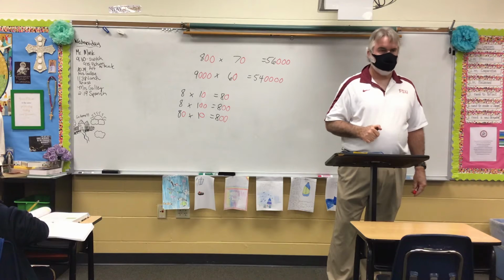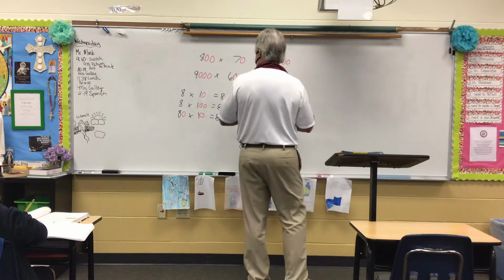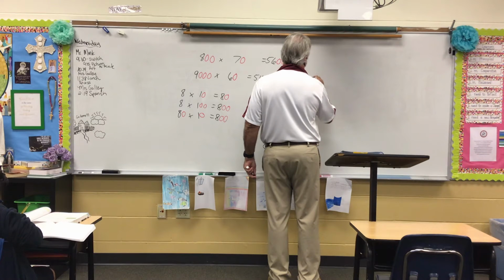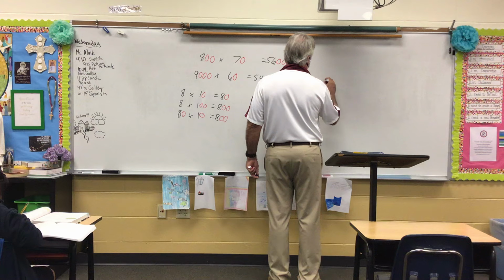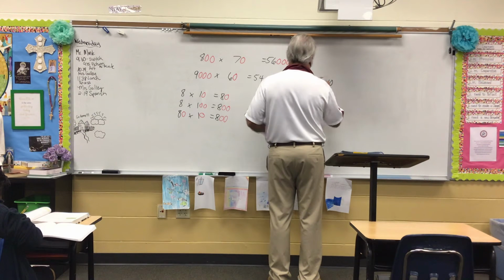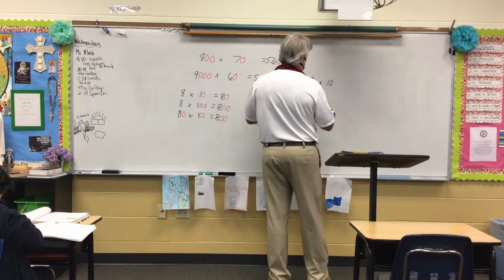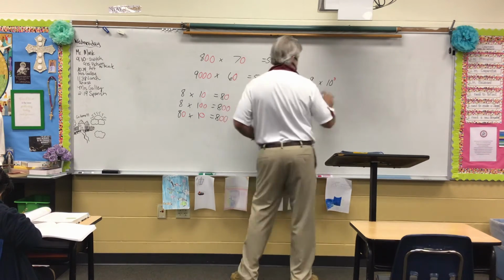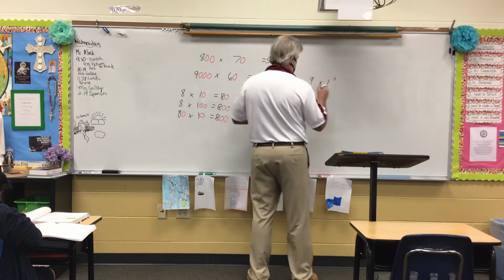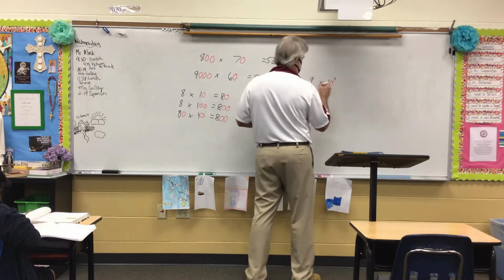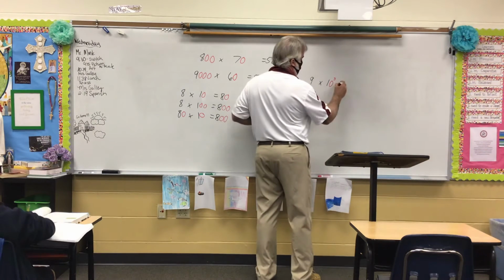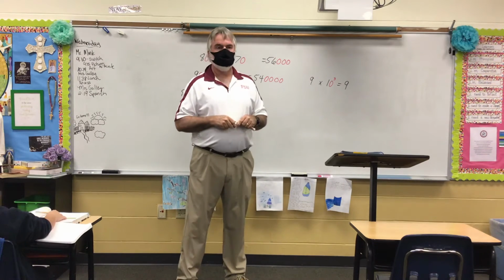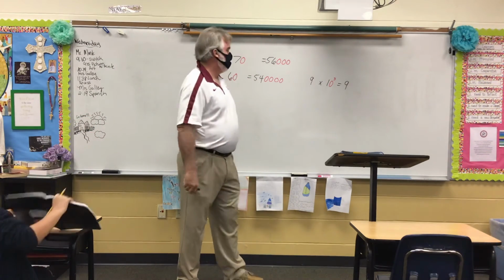Now, they also start throwing in a tricky one. Put it this way, you'll understand it. George, add 3 zeros at the end.